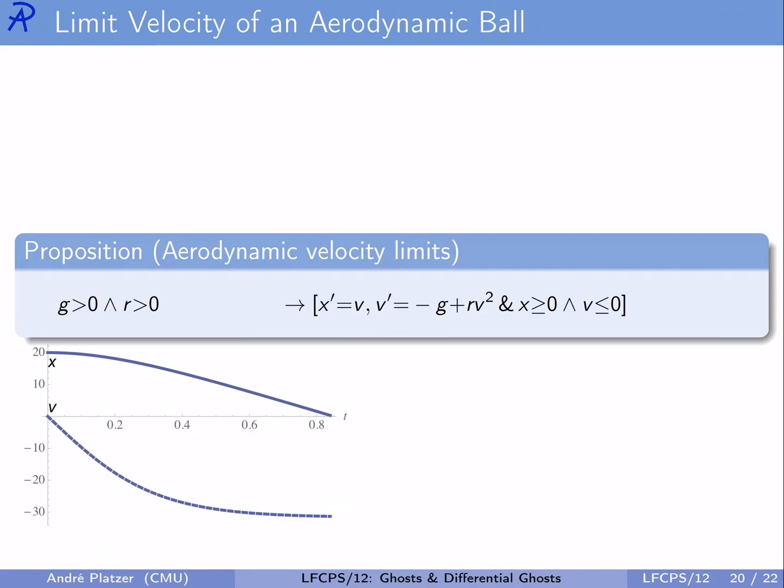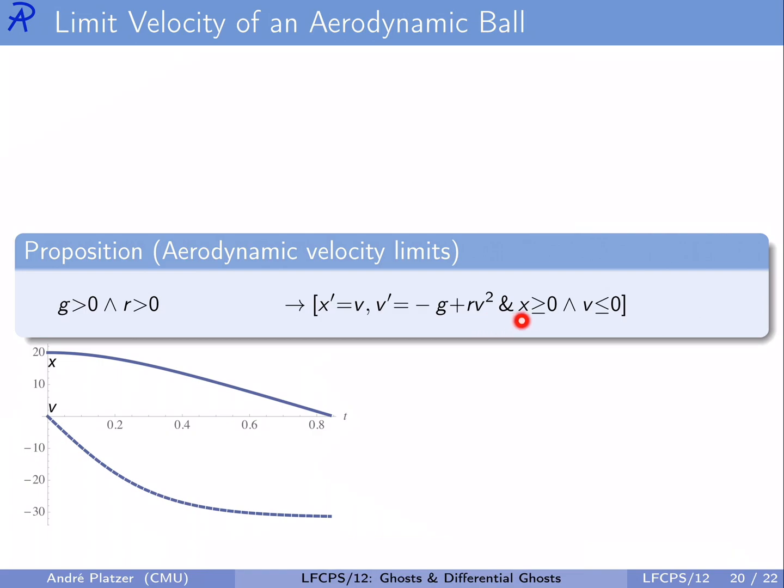But what happens in aerodynamics is that the bouncing ball is falling according to x prime equals velocity, and the velocity is changing according to gravity. V prime is minus gravity, but also with an aerodynamic resistance that is proportional to the square of the velocity and is working against the velocity.